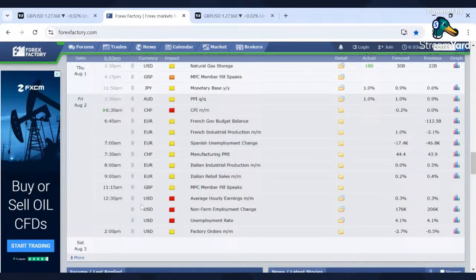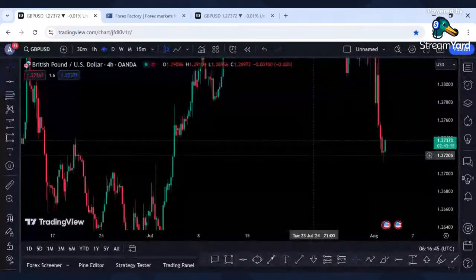It says much about what the economy is doing. If the employment data comes out negative, that means the United States economy is performing very badly. And if the data is released and it comes out positive, that means the economy is doing well.